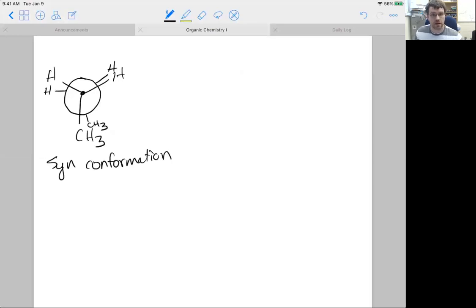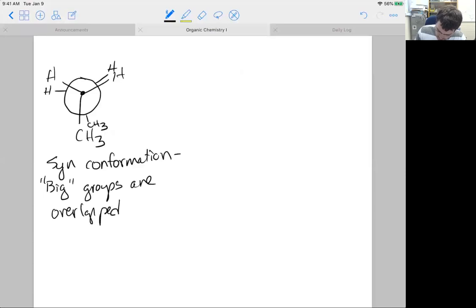This isn't a biblical discussion. So S-Y-N, and in the syn conformation, the big, in quotes, groups are overlapped. Or you could say the CH3s are syn to each other.